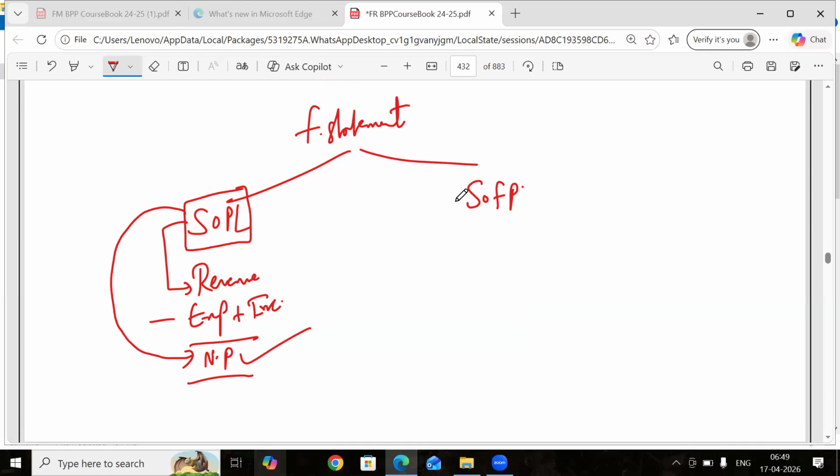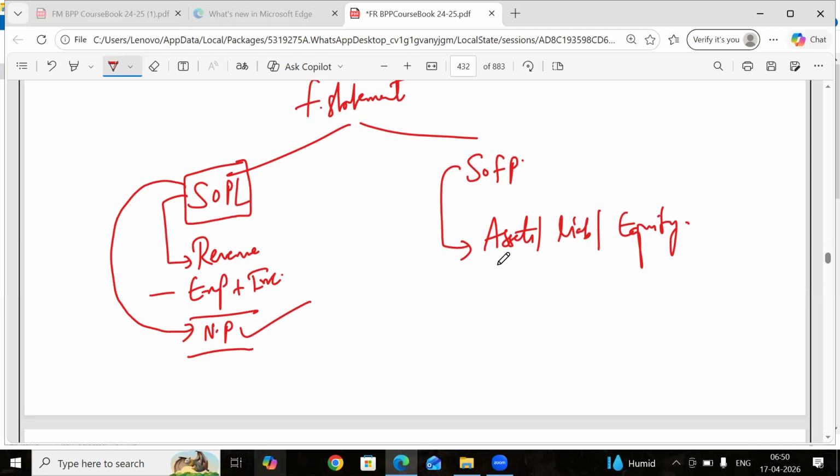Now, statement of financial position includes all the assets of the business, liabilities of the business, and equity. Then assets can have a division of current and non-current assets.